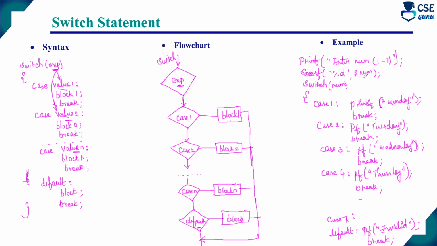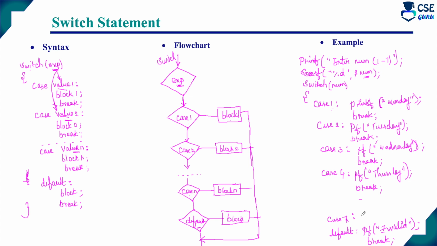So here if the number you are entering is 1, printf it is Monday and then break. Other alternatives are not checked if it matches with 1. Suppose you have entered 2, it will compare with case 1, fails. Go to case 2, it will match with case 2 and print Tuesday. Then it will break. If it is 3, it will print Wednesday, 4 Thursday, 5 Friday, 6 Saturday, 7 Sunday.